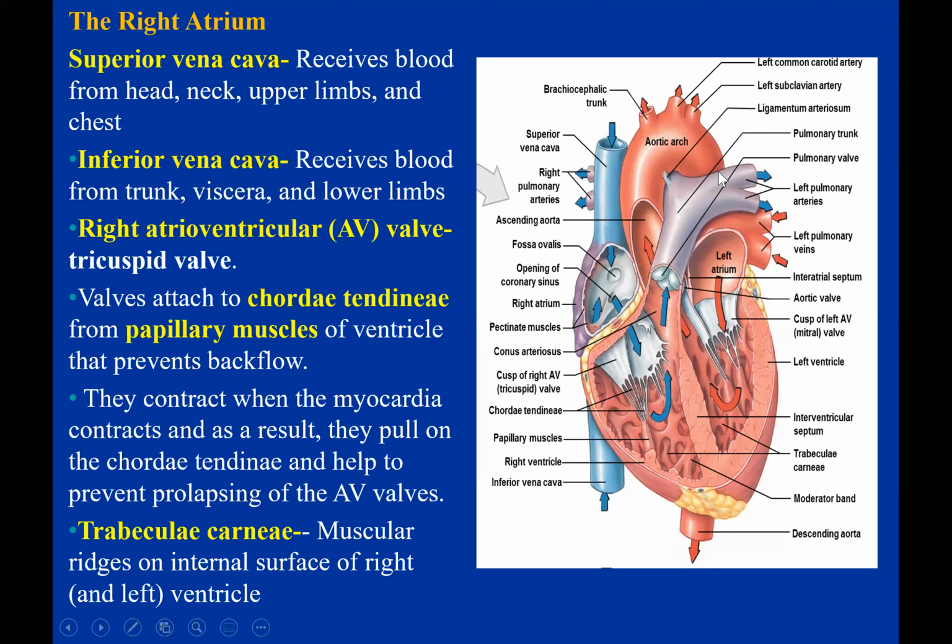It will divide into the left and the right pulmonary arteries here. So all the important features you have to know here: superior vena cava, inferior vena cava, the AV valve or the tricuspid valve, chordae tendineae that is attached to the cusps, the papillary muscles that is arising from the trabeculae of the ventricles.